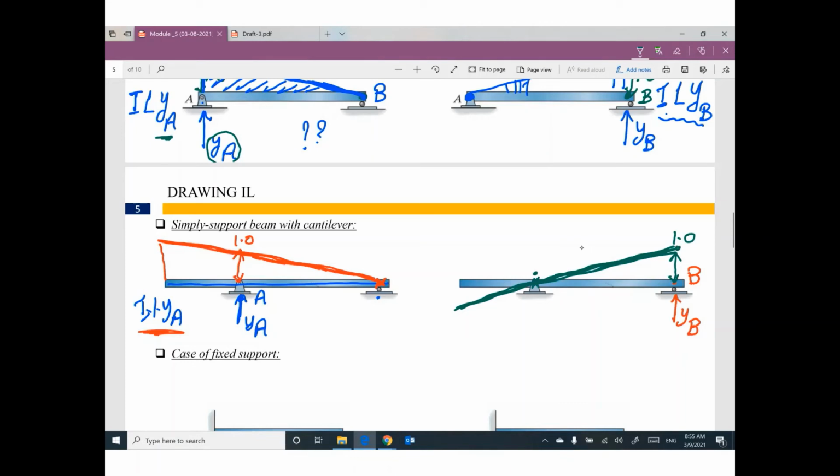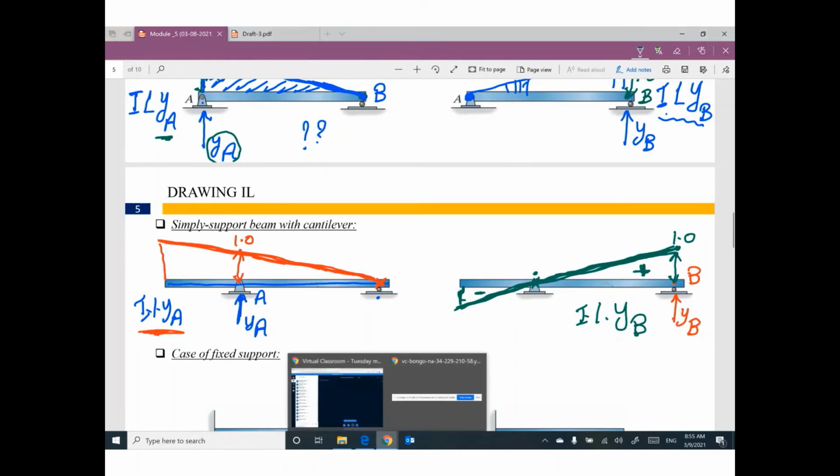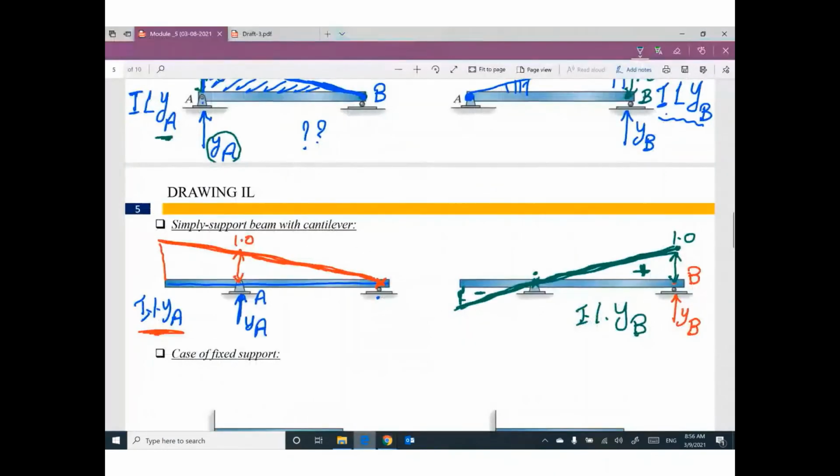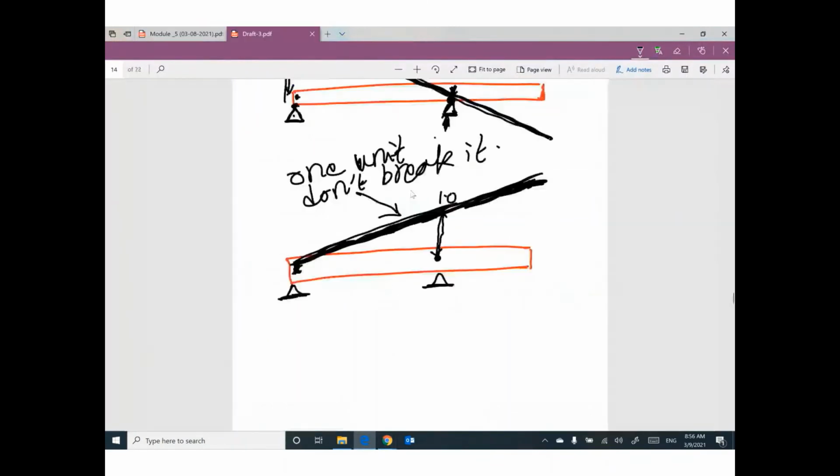This shape, positive on this side and negative on this side, can be called the influence line for reaction YB. That makes sense? So we learned something very important right now.